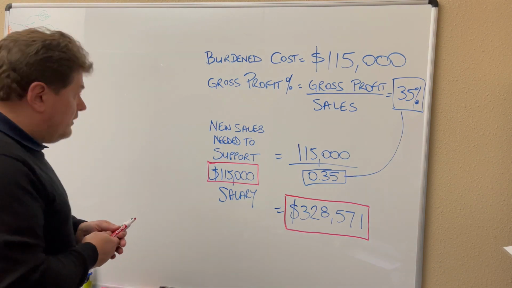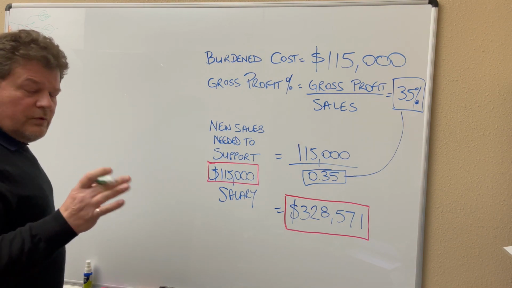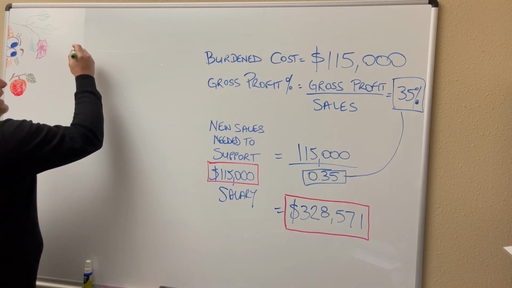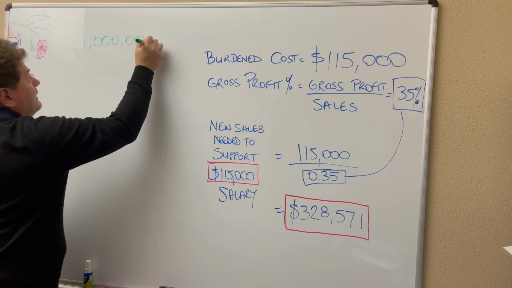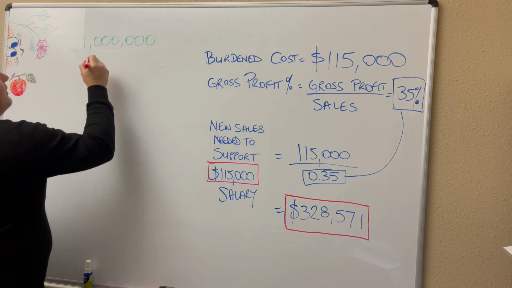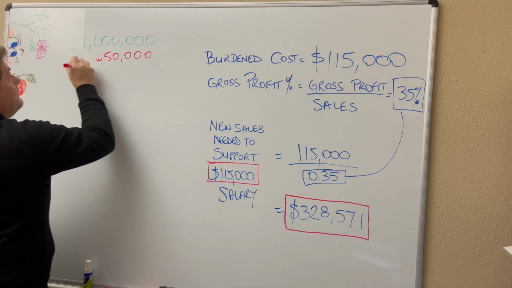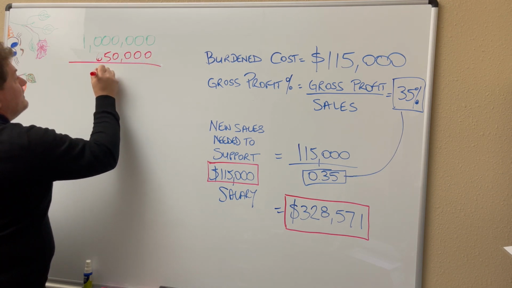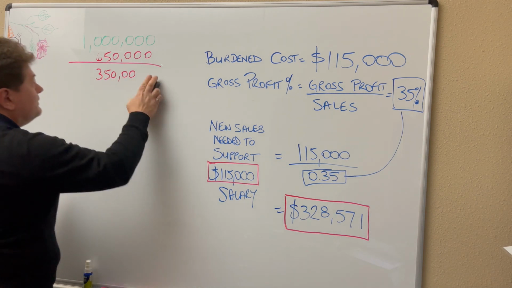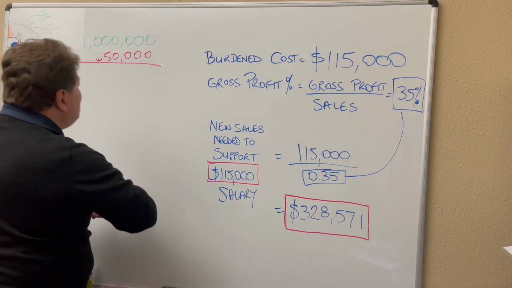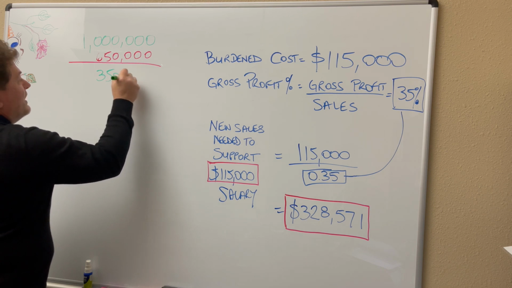Okay, now let's look at this example and try to understand why this logic works. Okay, so if we have $1 million in sales and our cost of goods sold is $650,000, that leaves us with $350,000 in gross profit.